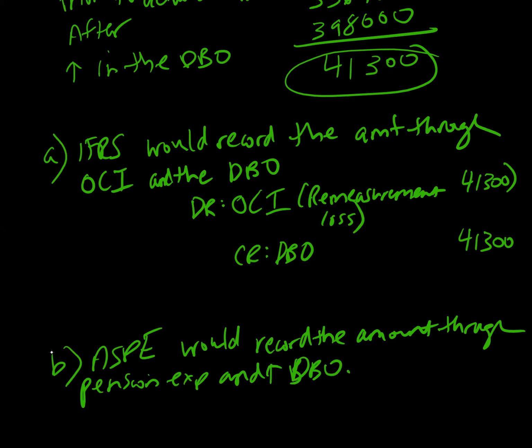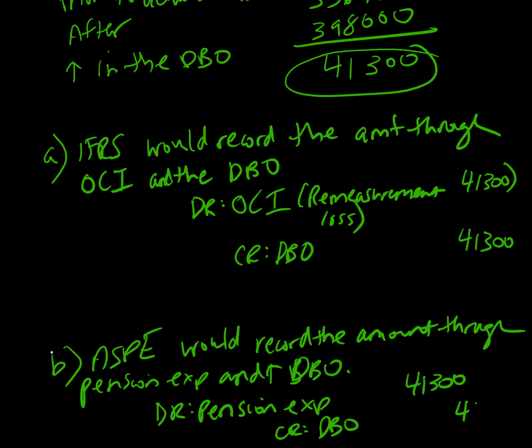So our entry under ASPE would be debit pension expense, credit the DBO in the pension plan, defined benefit obligation, for the same amount, $41,300.